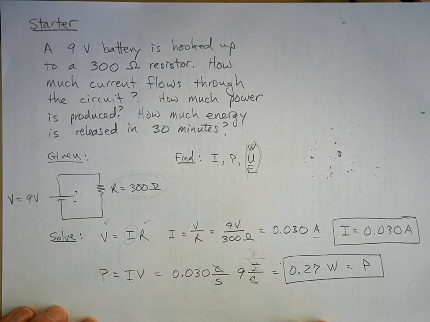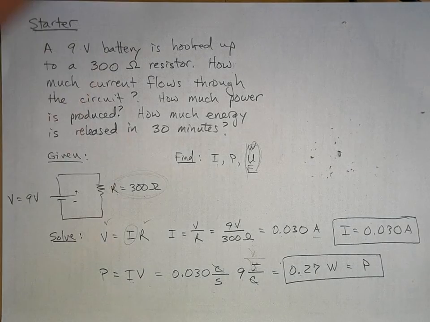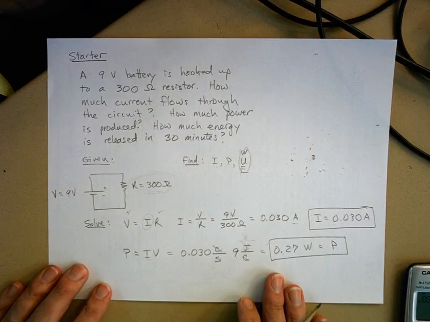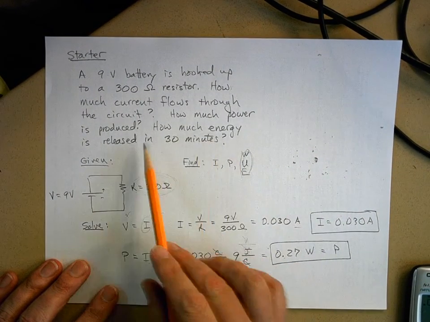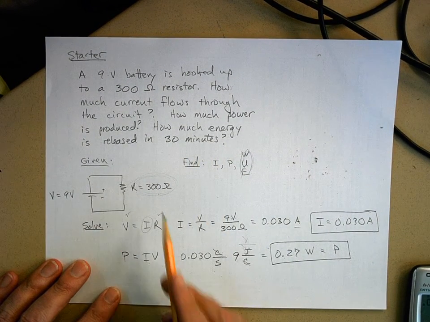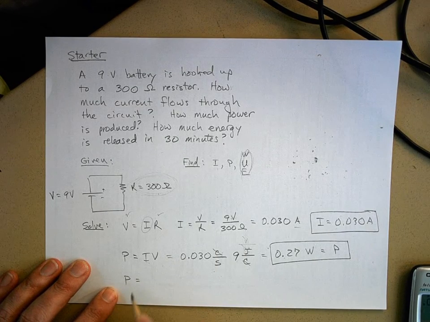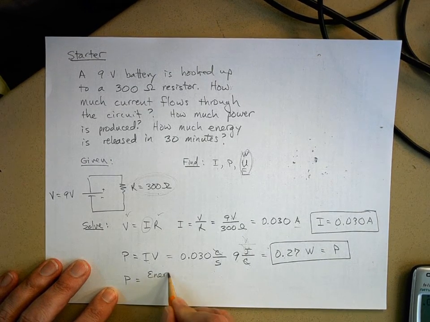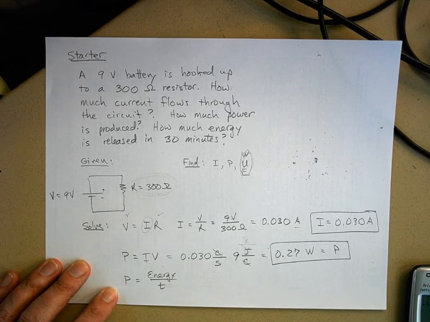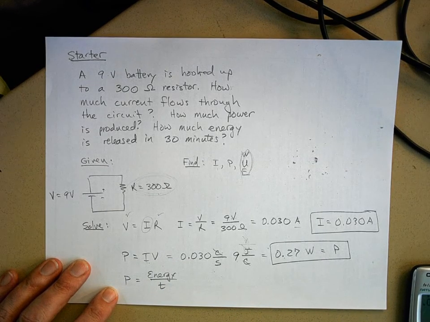And then, finally, we want to know how much energy is released in 30 minutes. So power is also equal to energy over time. Joules per second, right?